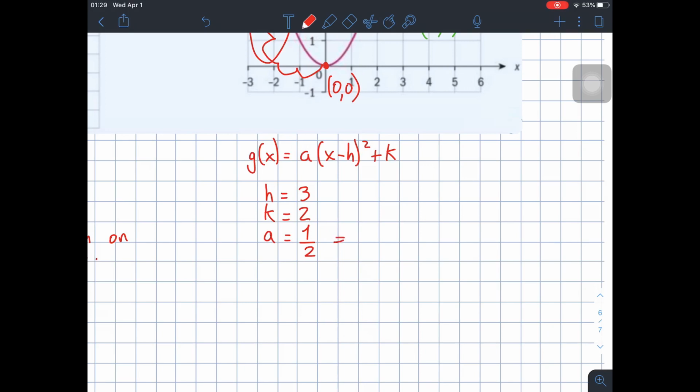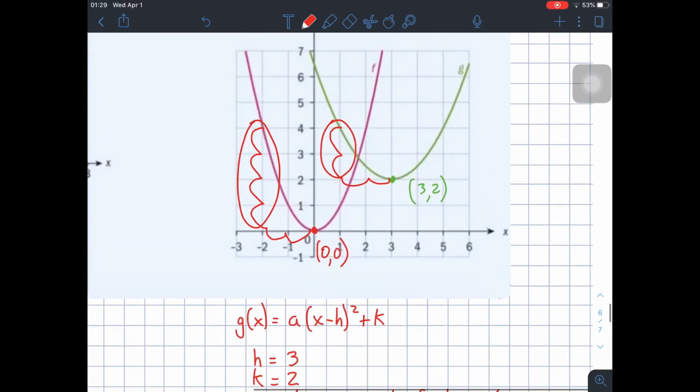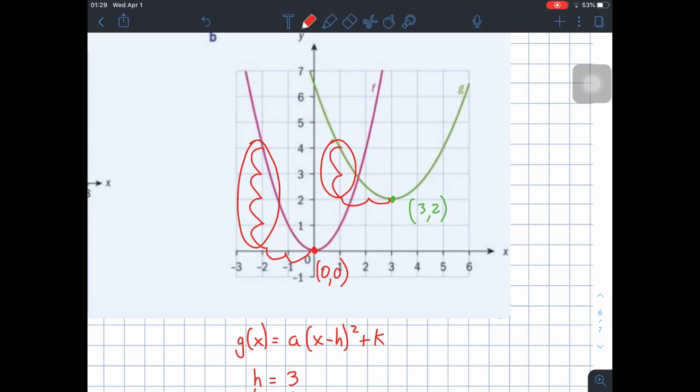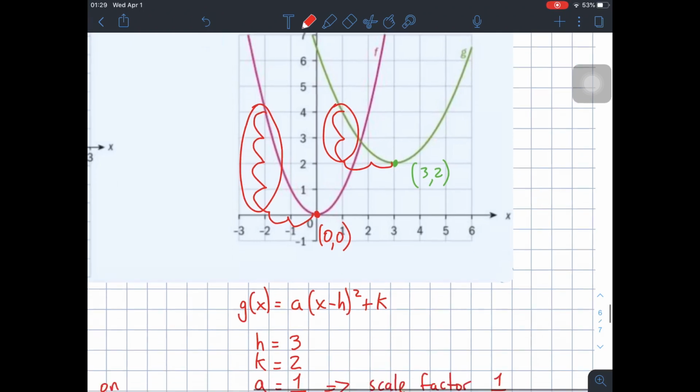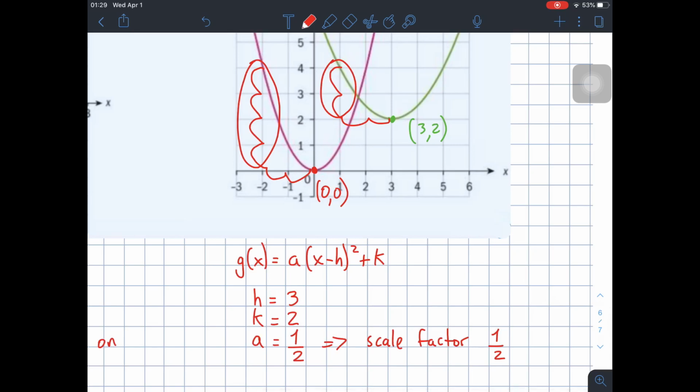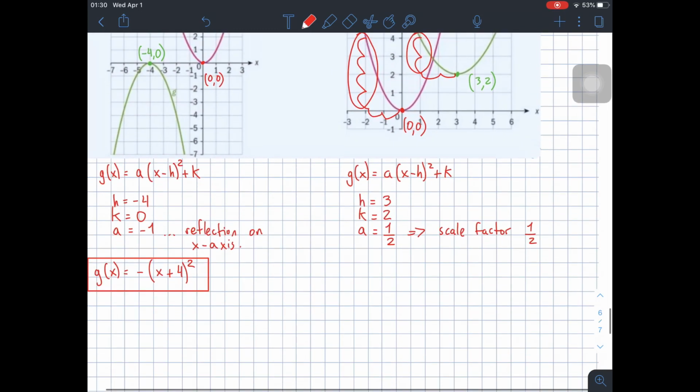Because remember that the scale factor of 1/2 means that this green parabola moves half as much as the original red parabola, right? If this moved 4 units up, this moved 2 units up, so that's half. So the value of a would be 1/2.